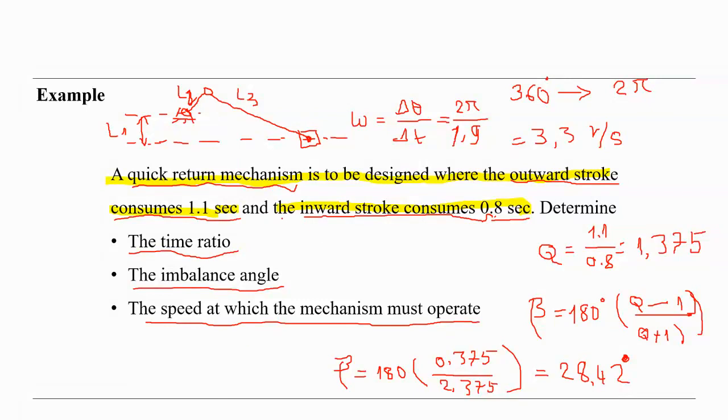So for the advance stroke, the angle must be 180 plus beta for the outward stroke.